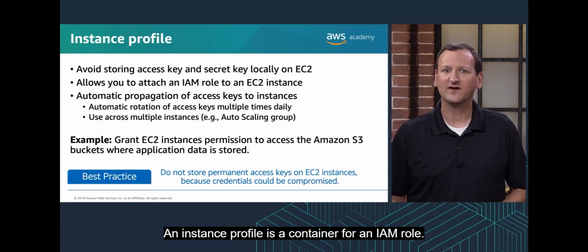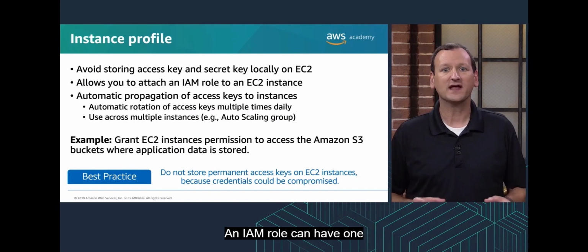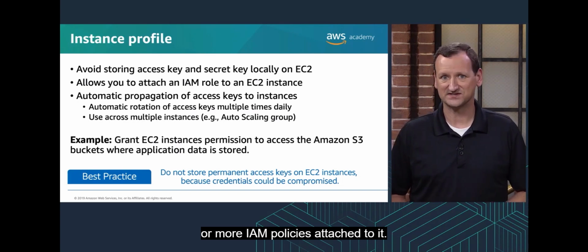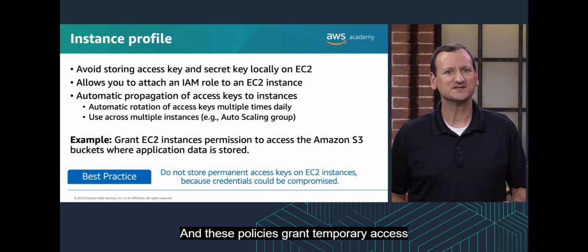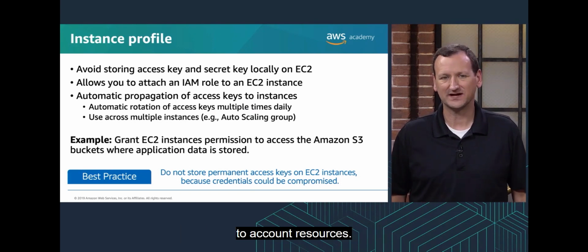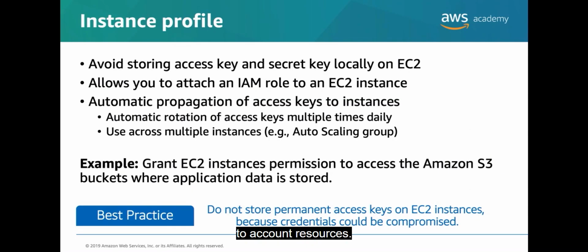An instance profile is a container for an IAM role. An IAM role can have one or more IAM policies attached to it, and these policies grant temporary access to account resources. These access rights are granted by way of automatically rotated access keys, which are made available to applications that run on the EC2 instance through the instance metadata service, which you will learn about.